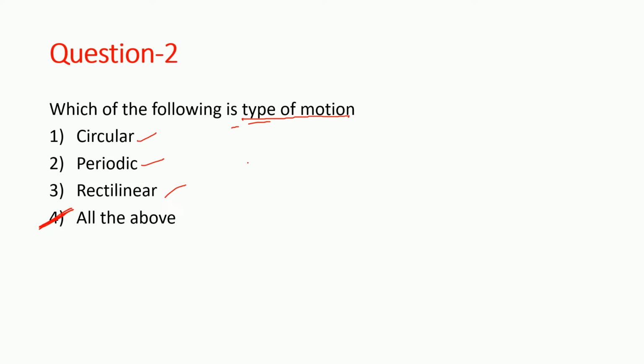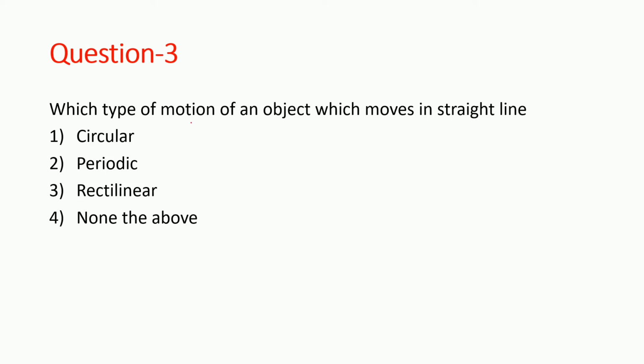So the next question, which type of motion is that of an object which moves in a straight line? Let us take one block which is moving in this direction. This is a base for it to move, and we have two wheels.